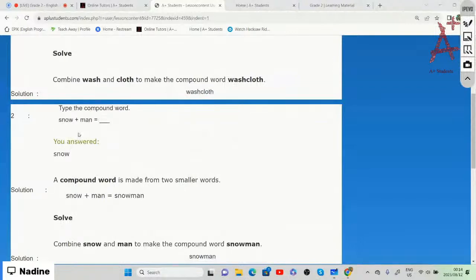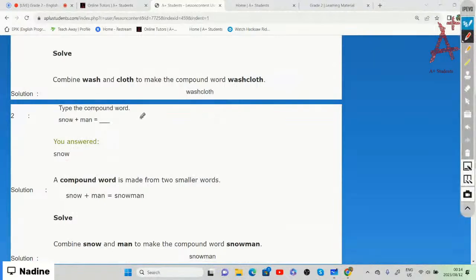If you're not a woman, you're a man, right? A person. But now if we put those words together, then it is a snowman. It's like an ice man. So a compound word is snowman.